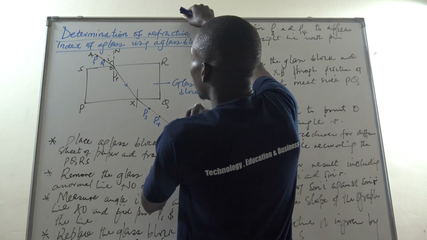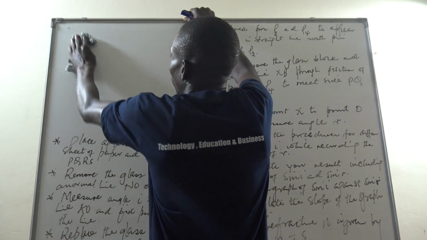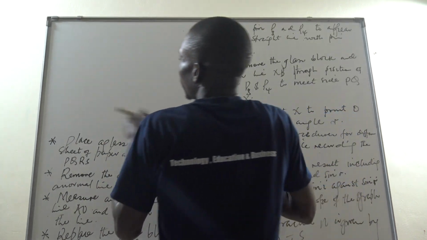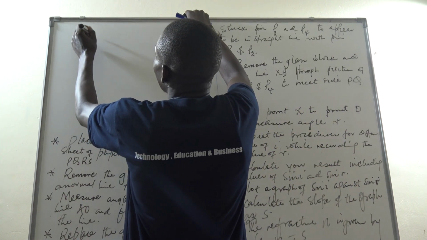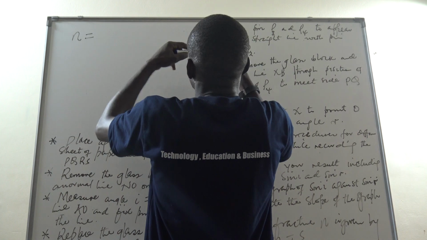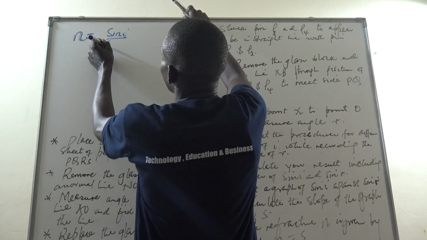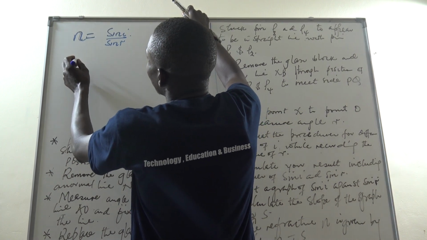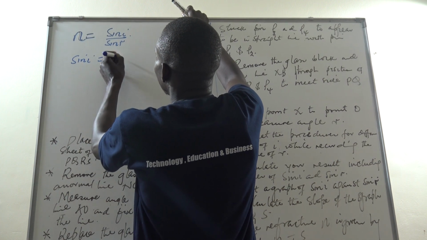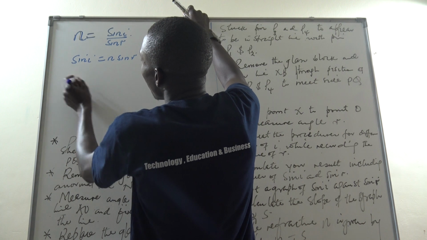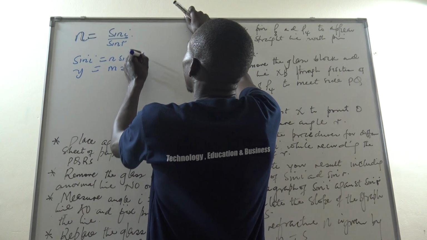What we can say is the theory of the experiment. We have already seen that we are looking at our rays moving from air to glass. That means that the refractive index is sine I over sine R. So that means that sine I equals n sine R. So if you compare with y equals mx plus c, here we have no intercept, okay?